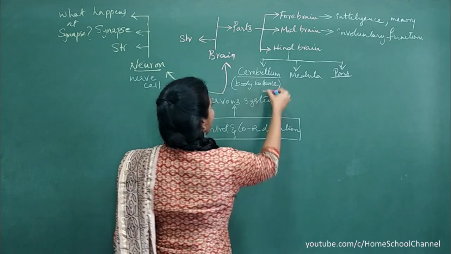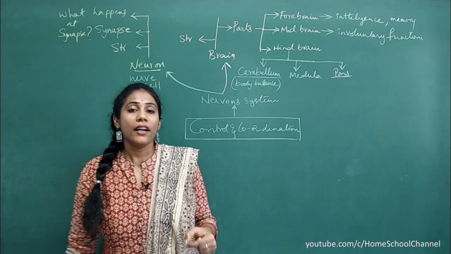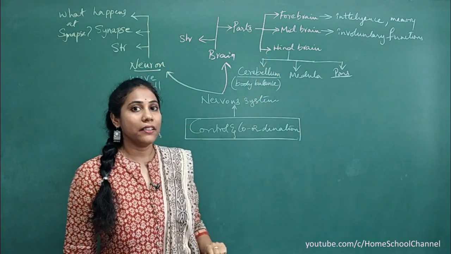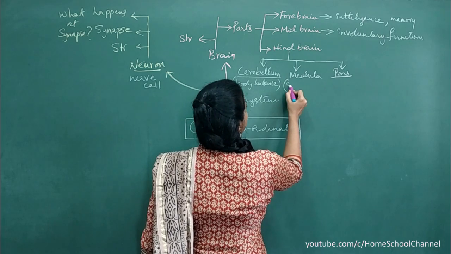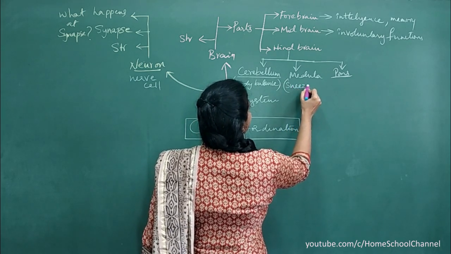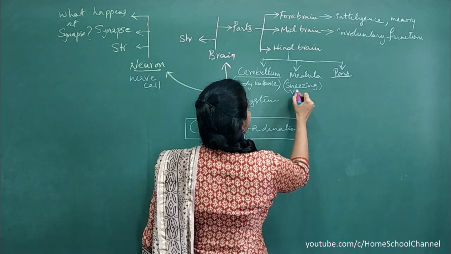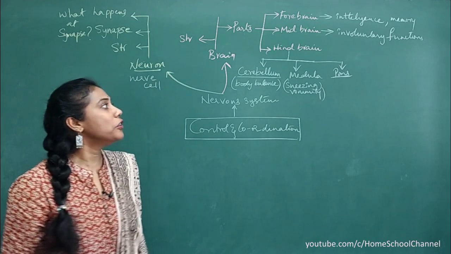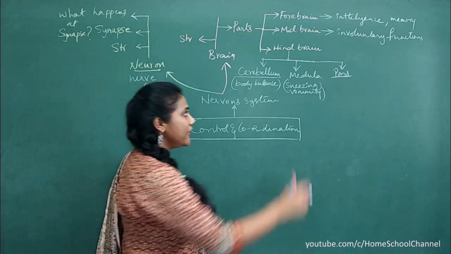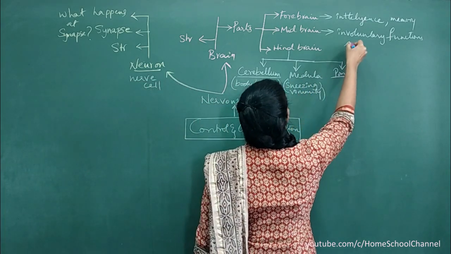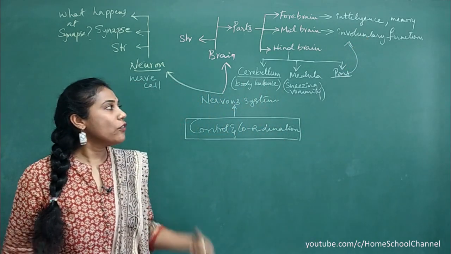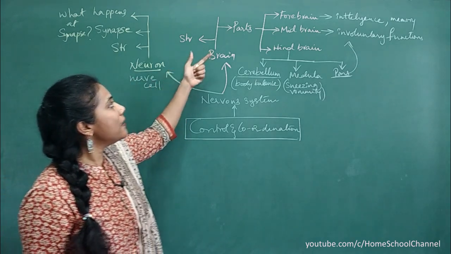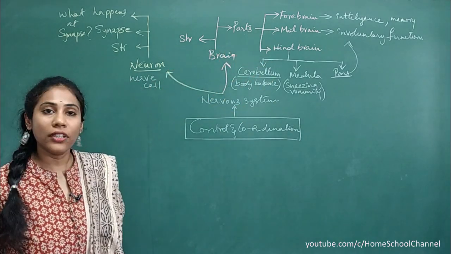Body balance related things can be controlled by cerebellum, which is a part of hindbrain. And medulla oblongata controls sneezing, vomiting, coughing. So all these involuntary functions are controlled by medulla oblongata. Even pons also. Pons function is also to control involuntary functions itself. Clear? Fine. So this is all about a human brain that you have to remember.